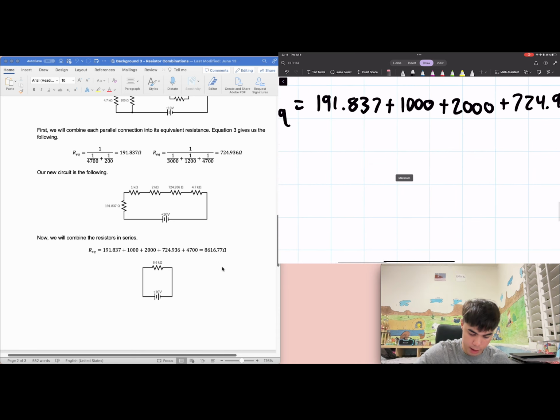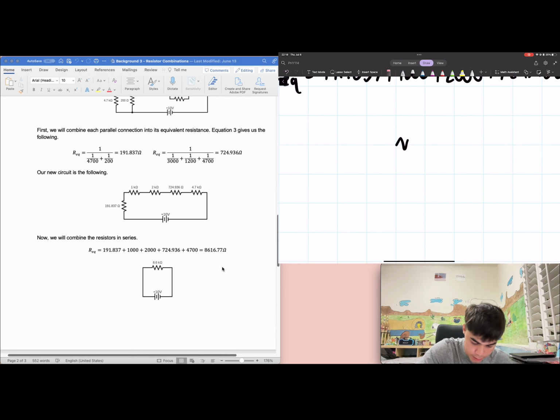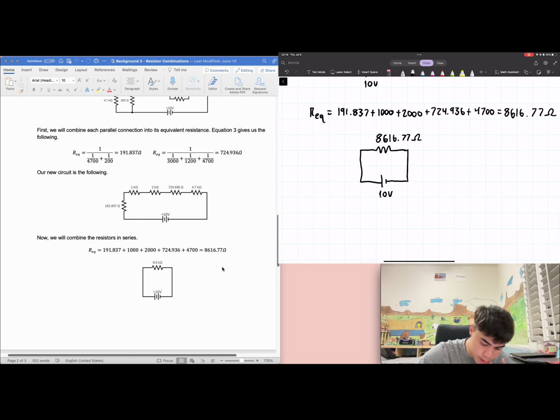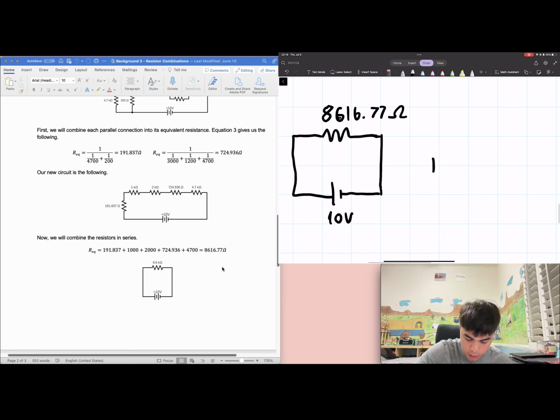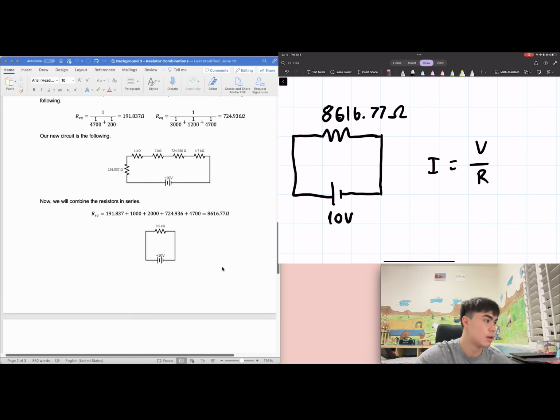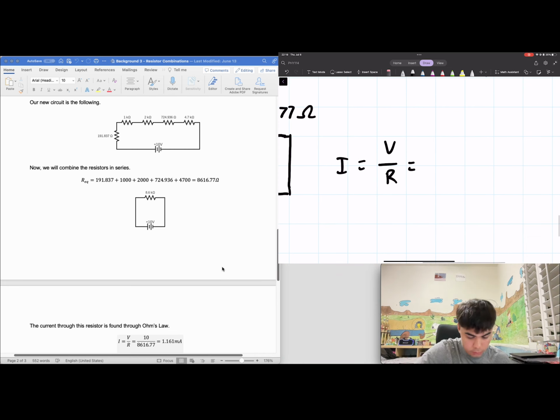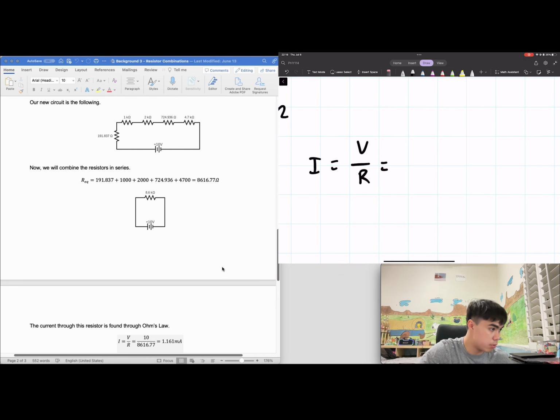Okay, and now we are down to a simple circuit. So the current through this simple circuit we can now find using Ohm's law. I equals V over R, and that gives us 1.161 milliamps.